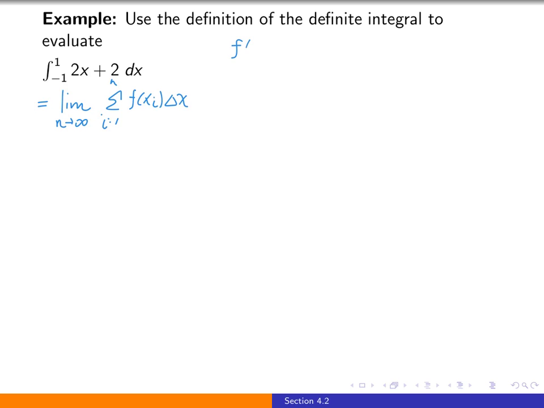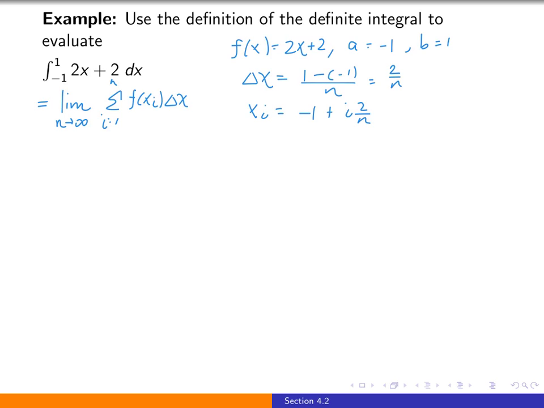So in this example, our function f of x is 2x plus 2. We're integrating from a equals minus 1 to b equals 1. Delta x is b minus a over n, so that would be 2 over n. And x sub i is equal to a plus i delta x.